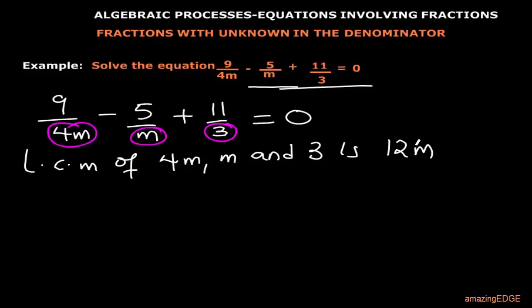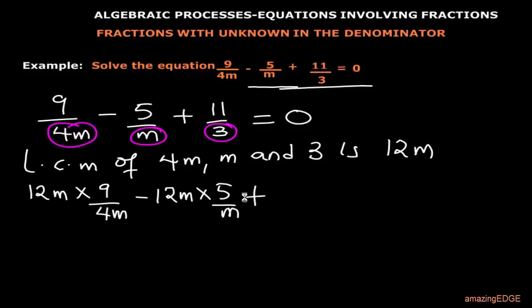On the first term, you have 12m times 9 over 4m. Then minus 12m times 5 over m. Then plus the same 12m times 11 over 3. Then on the right hand side, we also have 12m times 0.